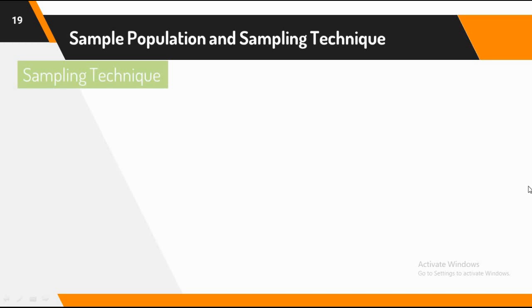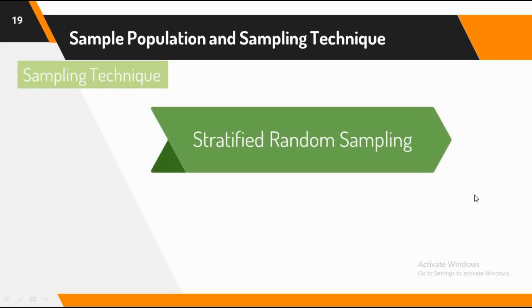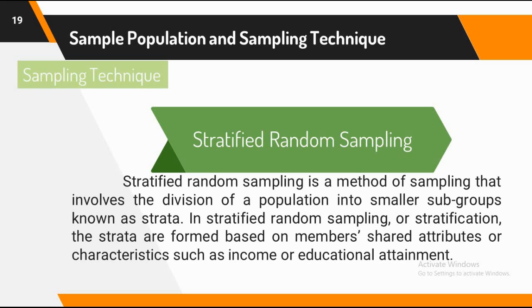Third is the sample population and sampling technique. The researchers decided to employ the stratified random sampling method in collecting the data, since the researchers would gather information from the respondents from the various departments of the foregoing food manufacturing industries here in Cagayan de Oro City.